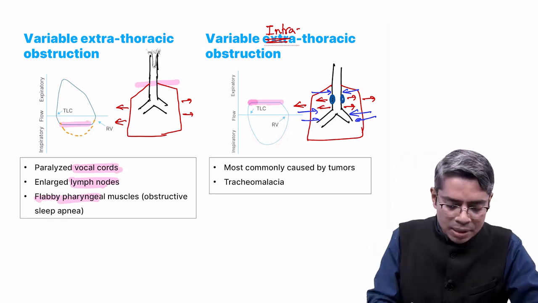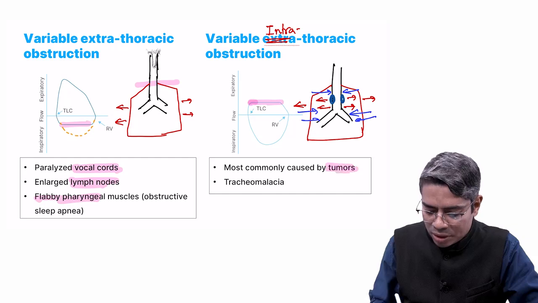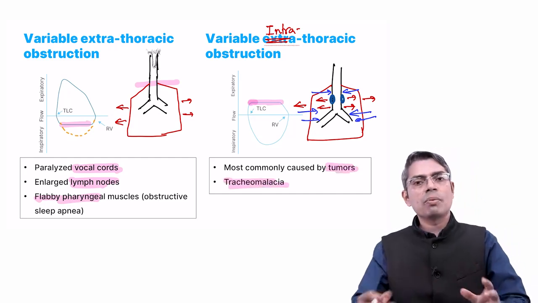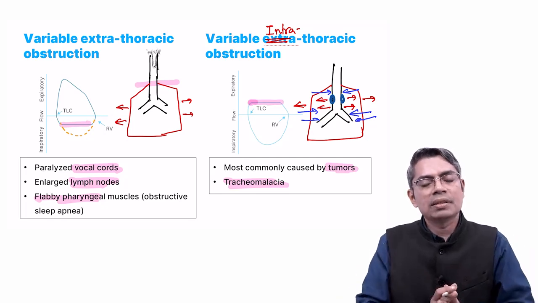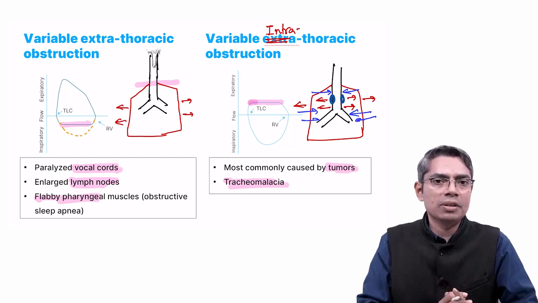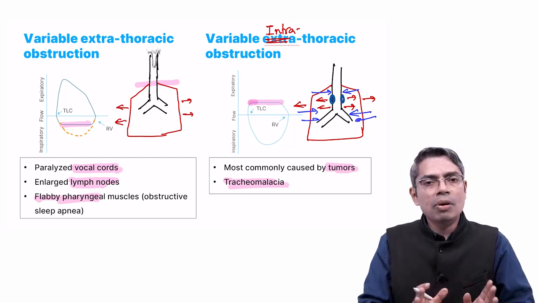And what are the examples? This can be caused by various tumors, tracheomalacia. The trachea is soft, and during inspiration that portion is expanded, but during expiration that tracheomalacia portion is compressed. So, that is all about your flow volume loop and abnormal flow volume loop.